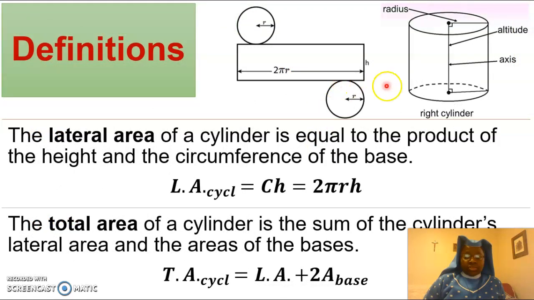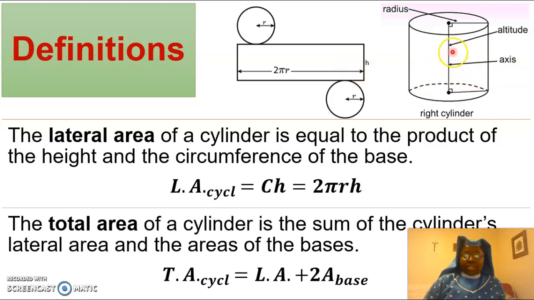So we demonstrated how the lateral face of a cylinder can turn into a rectangle, like if you open up a roll of toilet paper or paper towel.